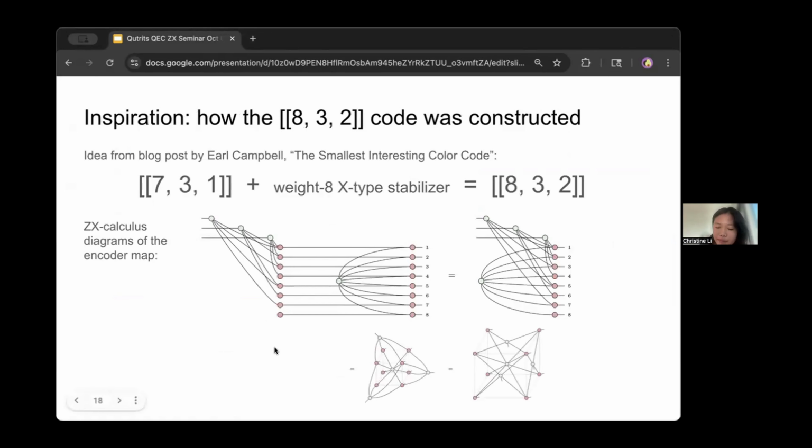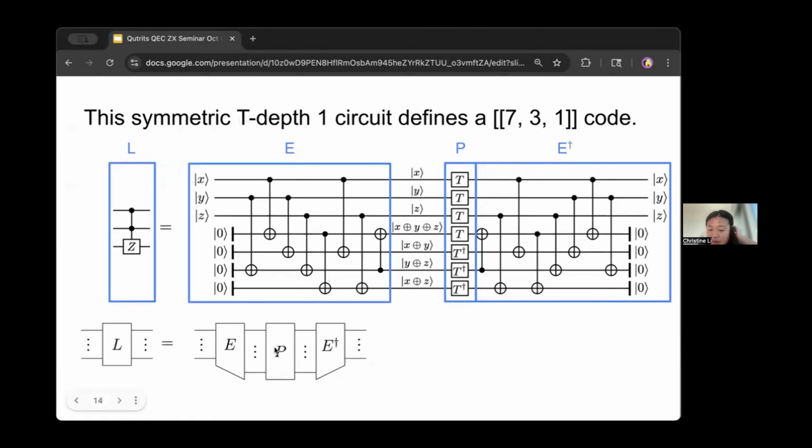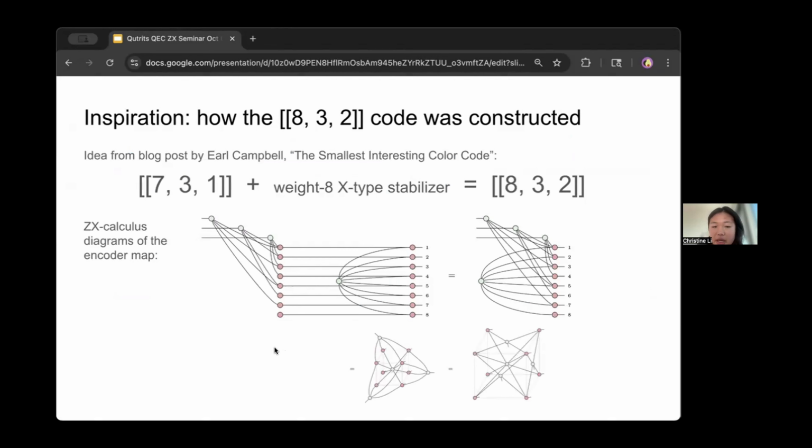If we look at this as a code, then we find that the code described by the encoder, E, is a 731 code. And then if we add a weight 8 X-type stabilizer, represented in ZX at the bottom here, the weight 8 is represented by the green spider connected to all 8 red spiders on all 8 legs, and then fuse.